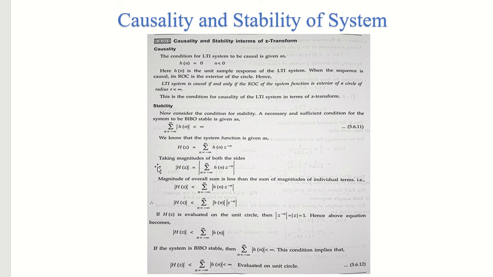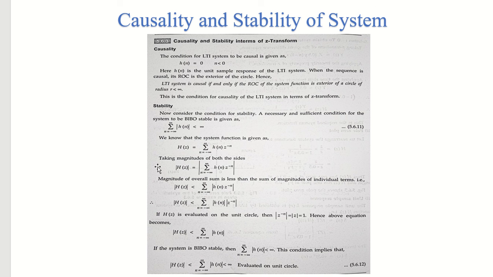If you haven't attended that lecture, we discussed it in the very first chapter, in the beginning itself. So please check that video out, so that you can get a hold of causal signals and causality of signals. Earlier, in the Fourier transform also, we discussed the causality. So if you have seen all these videos, then you will get a better idea of it.